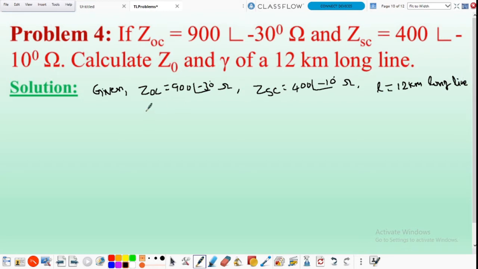So calculate the characteristic impedance Z0 and the propagation constant gamma.